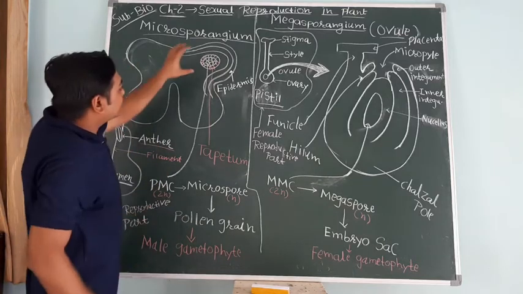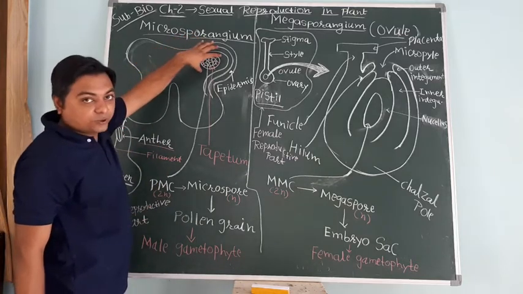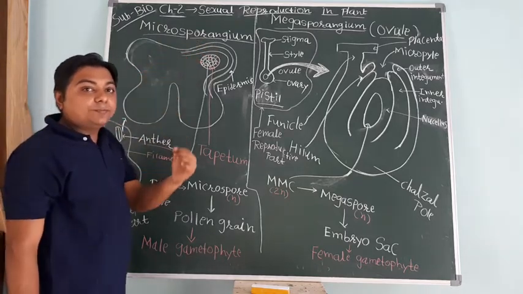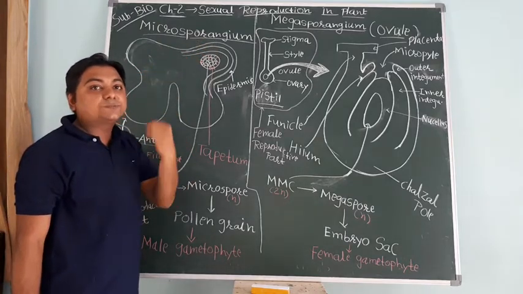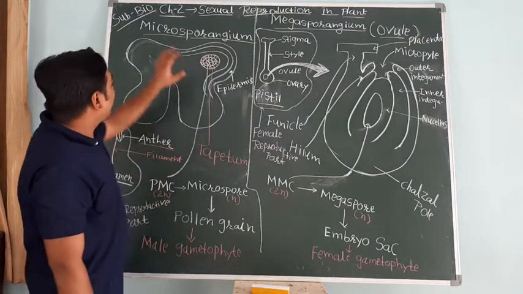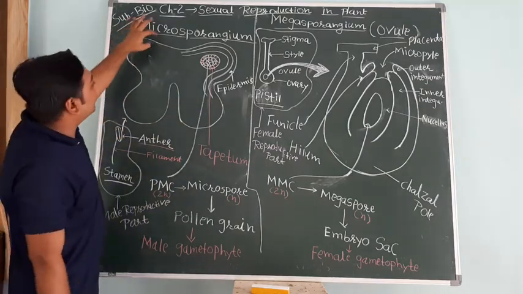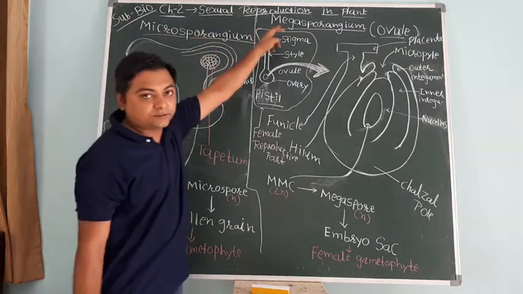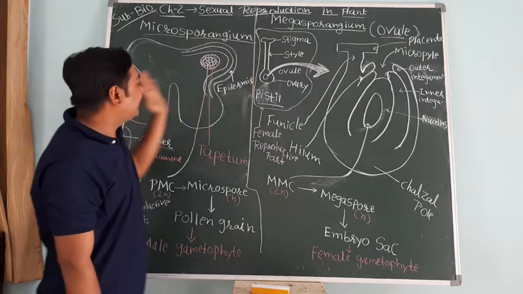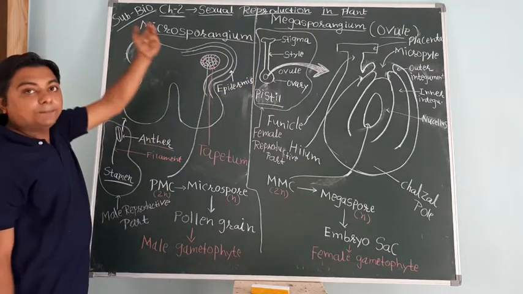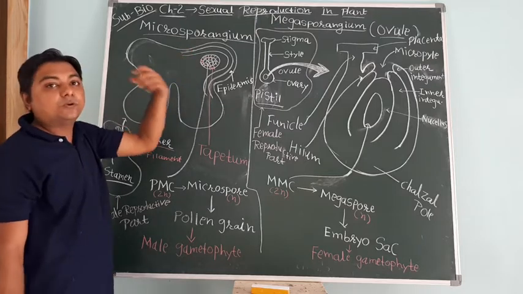Sporangium means it produces spores, and spores carry gametes. Always remember that microsporangium is the male part and the female part is the megasporangium. But first of all let us see the male part: the anther has microsporangia, and the microsporangium produces spores.